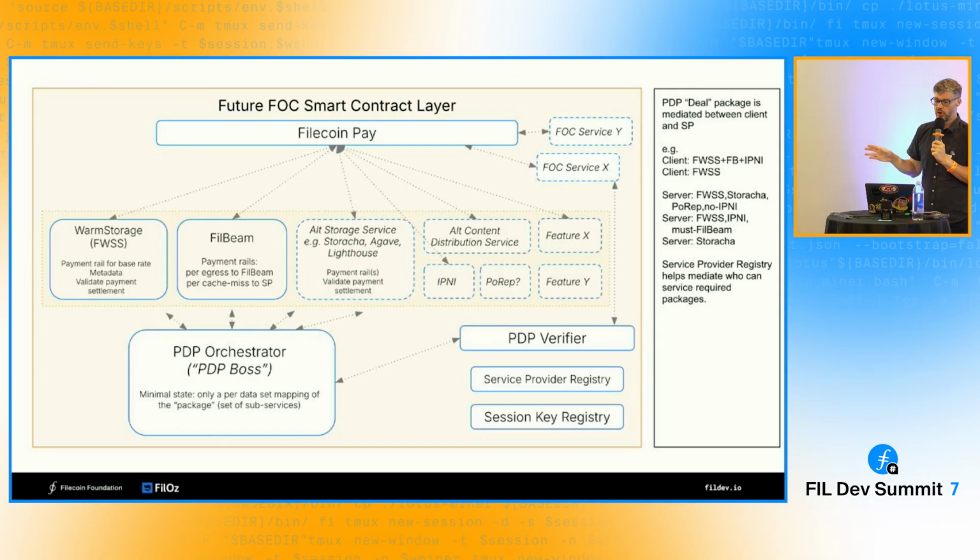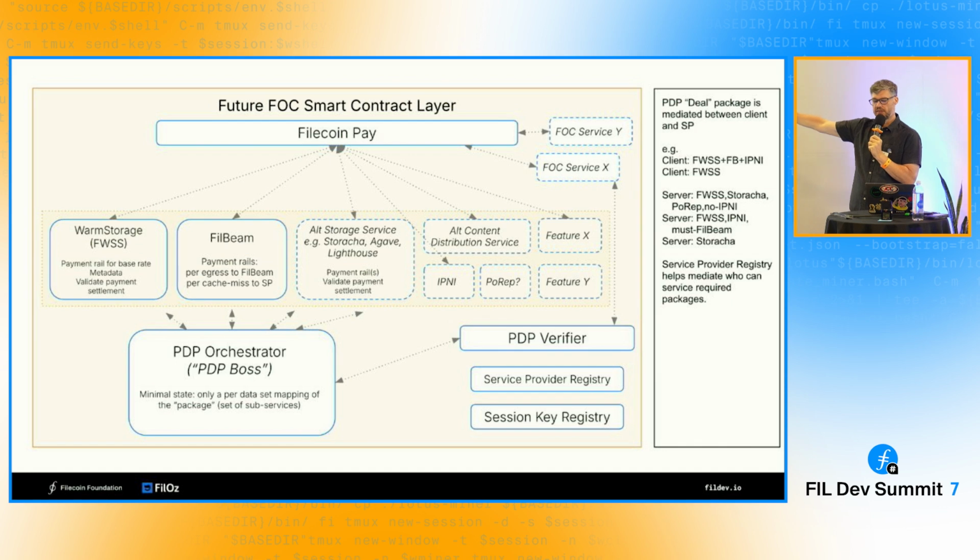But let's say you want to opt into FilBeam, then you would get this package that comes down that PDP verifier tells the orchestrator that we're doing warm storage plus FilBeam, and then we get to have two separate contracts there. FilBeam gets their own contract, a separate entity entirely here. It's not permissioned by any of this system.